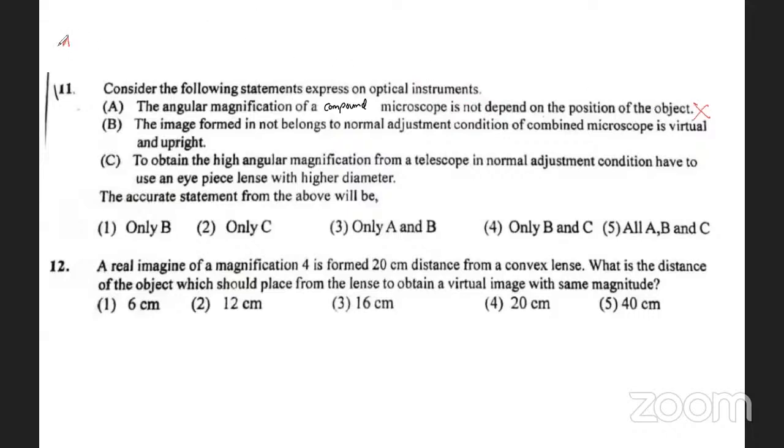Now, if you take statement A for a compound microscope, what is the equation for angular magnification, people? Angular magnification is given by VO over FO minus 1, times D over FE plus 1. There VO is the image distance for the object lens, which depends on the position of the object.